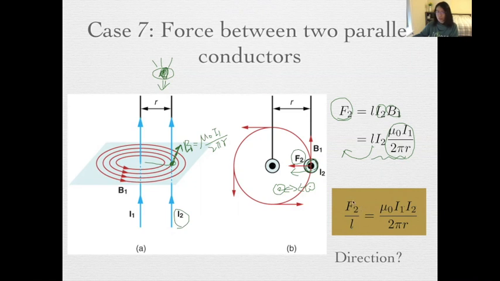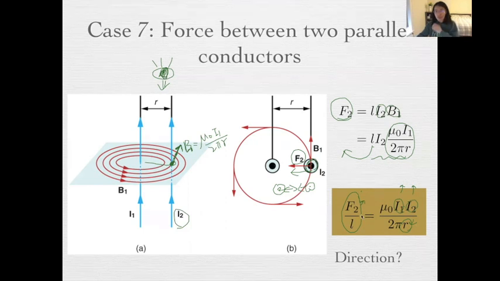So you can see the force per unit length experienced by this wire will depend on the current of each wire and also the distance between them. If you have a stronger current, then you will feel a stronger force. If they are very close to each other, you'll also feel a stronger force.